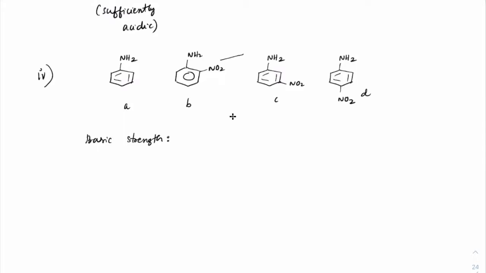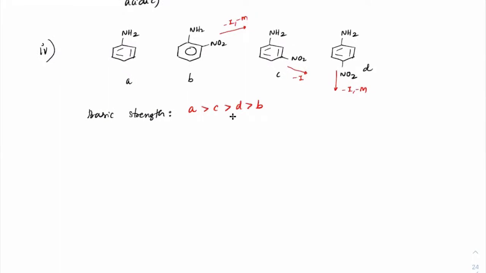In NO2 at ortho you will observe it has both minus I as well as minus M. At meta we have only minus I. In para we have minus I as well as minus M. And minus I at the ortho position would be more compared to that of minus I at para. So what should be the answer here? A should be the most basic, then C, then D and B. ACDB. Good.